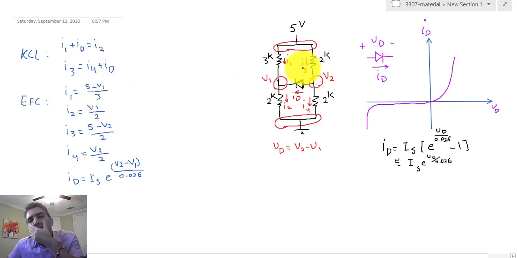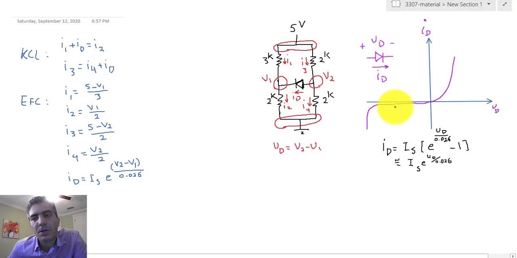So the other approaches are based on what we call piecewise linearization of a nonlinear equation. So the same nonlinear plot and nonlinear equation, if I kind of know in which part of this plot I happen to operate in this circuit, then I can linearize this plot around that point and simplify my calculations.